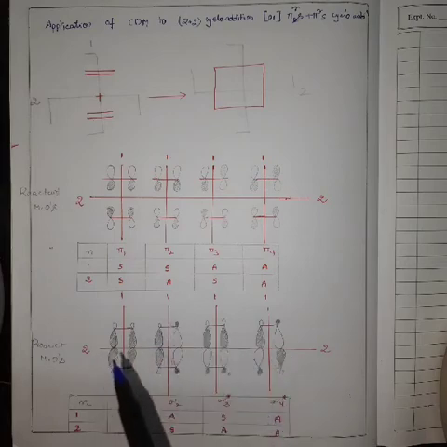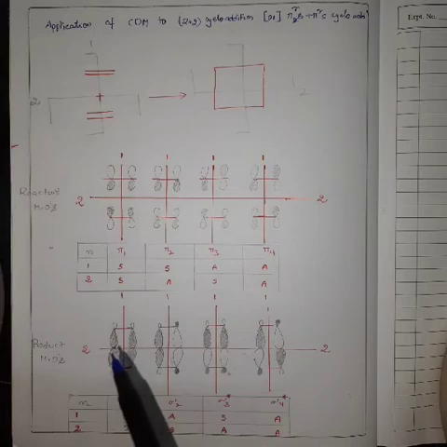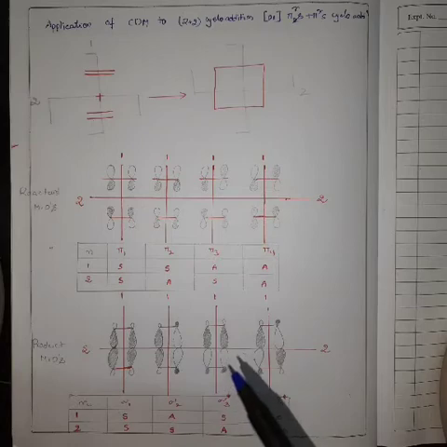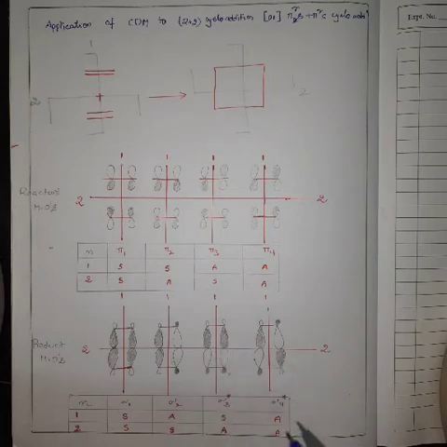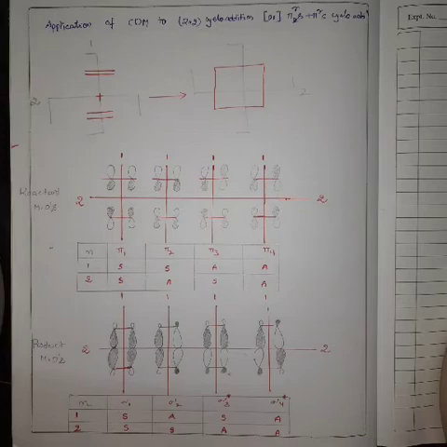Coming to the horizontal plane, sigma 1 is symmetric with respect to the horizontal plane, and sigma 2 is also symmetric with respect to the horizontal plane, and sigma 3 star is anti-symmetric with respect to the horizontal plane, and sigma 4 star is also anti-symmetric with respect to the horizontal plane.